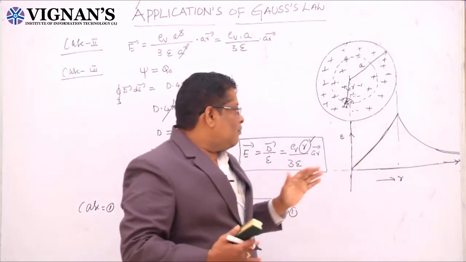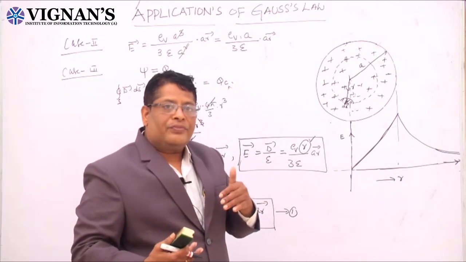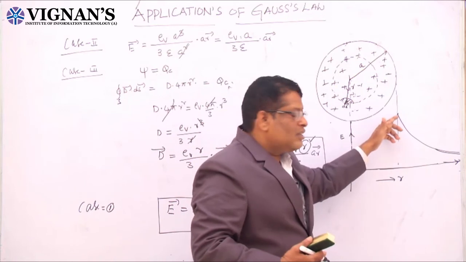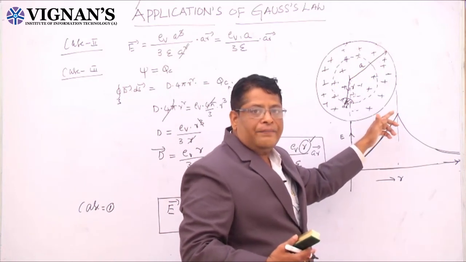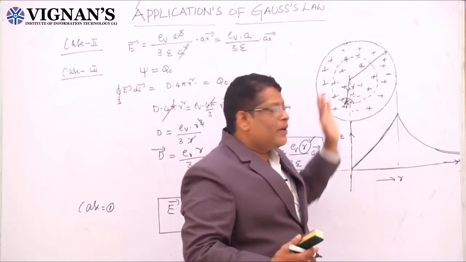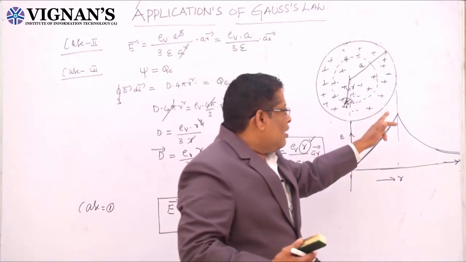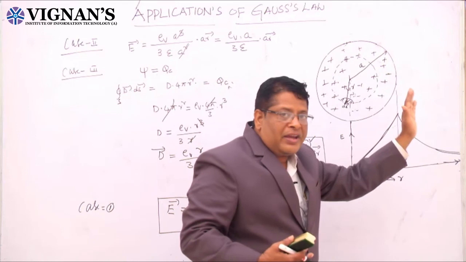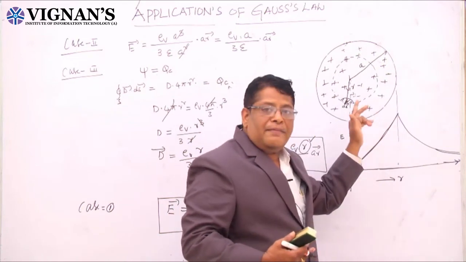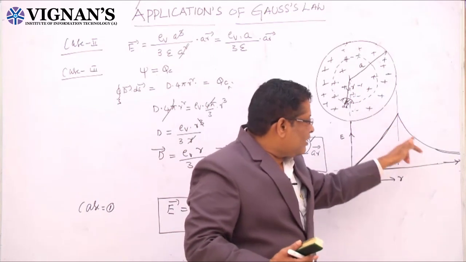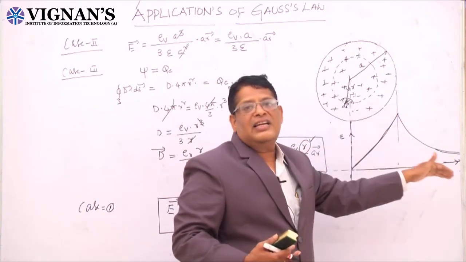Inside of a sphere, the electric field intensity is linear. On the sphere, it is constant. If the point is away from the sphere, it is directly proportional to 1 by r square, a rectangular hyperbola, drastically decreasing.